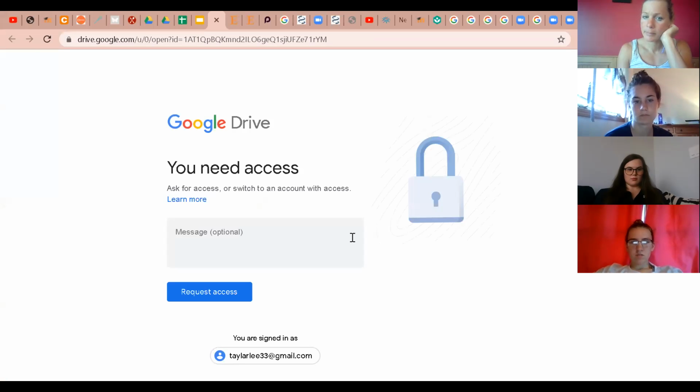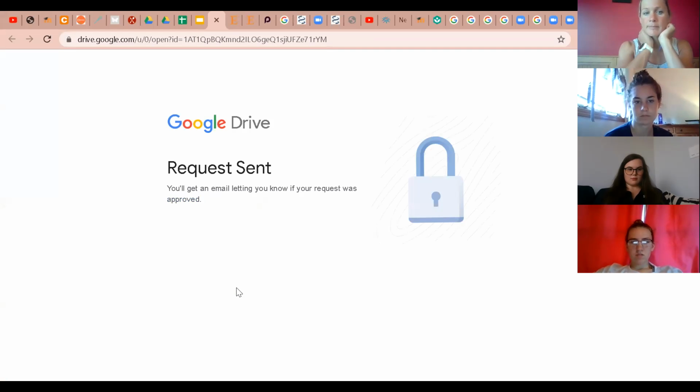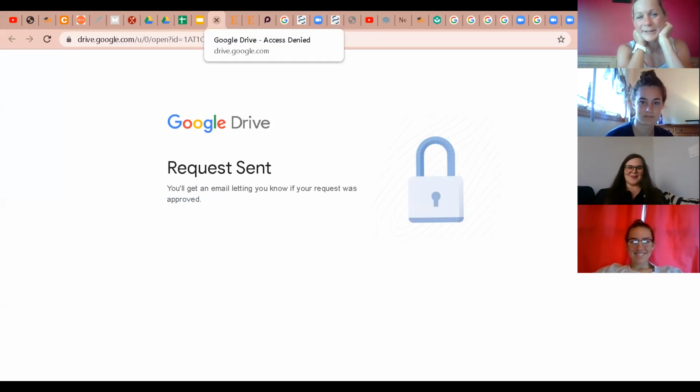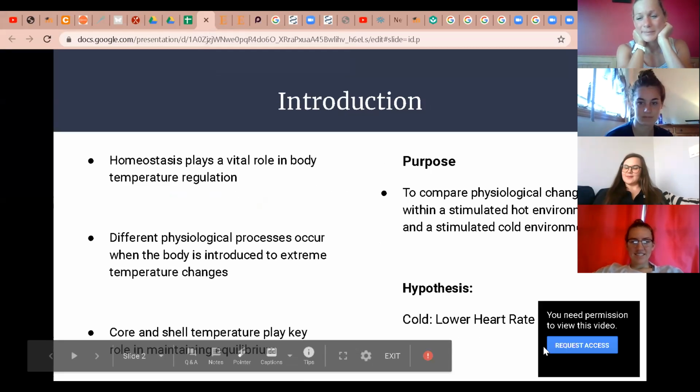Ooh. Well, hold on a second. You got a lot of tabs open. I know, I'm really bad. I'm not the most organized person. So it says I need to request access all of a sudden.